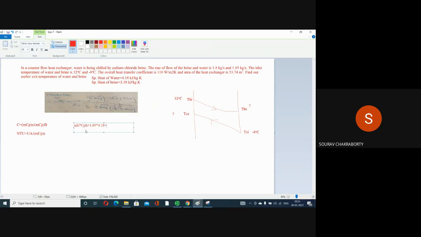We will get 6.084, which we'll write in kilowatt per Kelvin, or you can write degree Celsius also, because the difference will be the same.